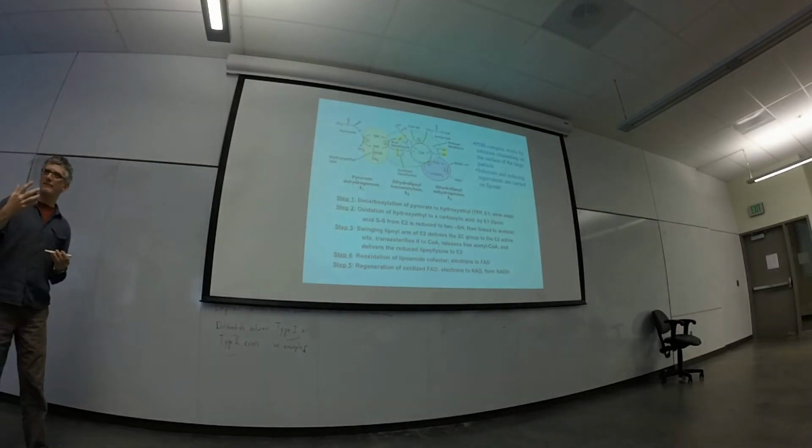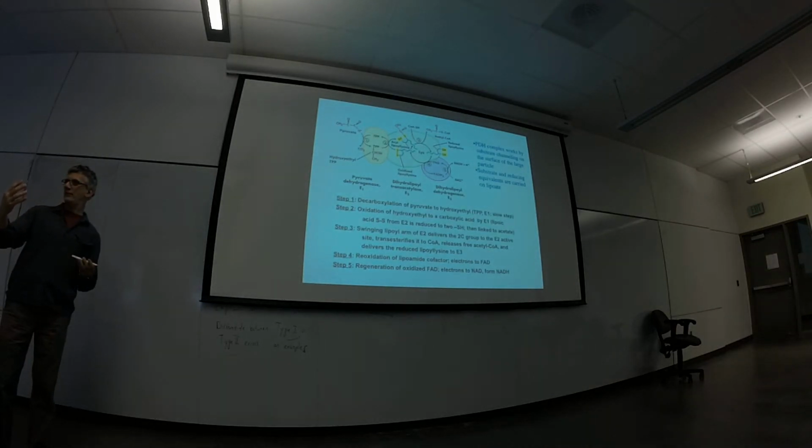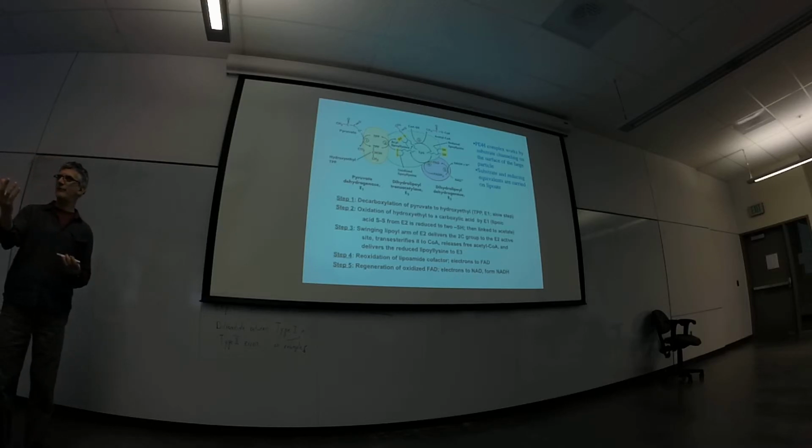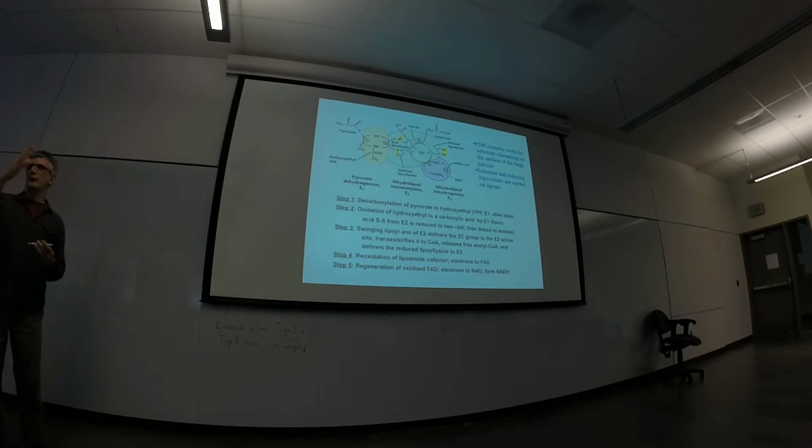So there's this kind of channeling, and here, we could say it's channeling in the sense that we have 3 different polypeptides, E1, E2, and E3, that are not covalently linked to each other. The basis for the channeling, though, is a covalent attachment of part of the substrate after CO2 is lost, and then that gets moved through.